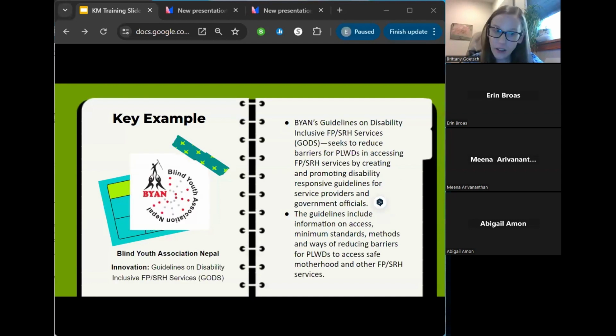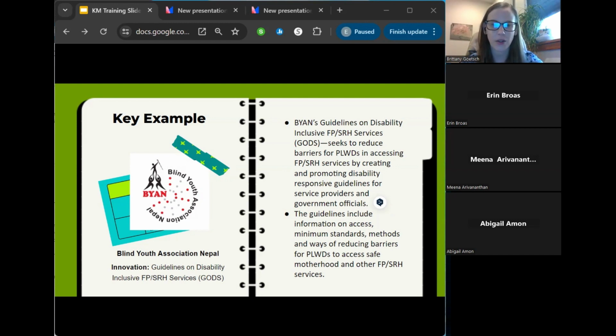And our final pitch innovation that I wanted to highlight is from the Blind Youth Association in Nepal. And their innovation is guidelines on disability inclusive FP-SRH services.